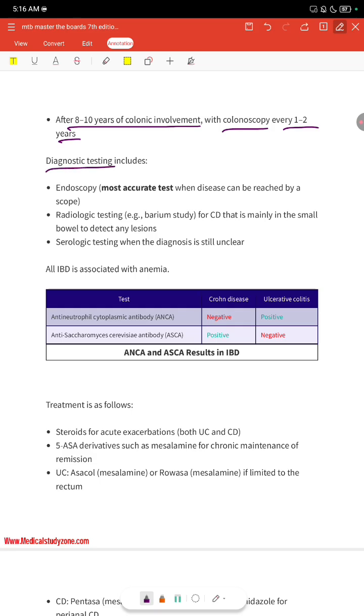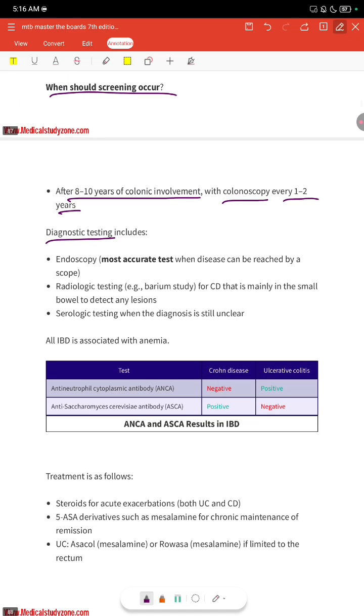Diagnostic testing includes endoscopy, which is the most accurate test. When disease can be reached by a scope, then endoscopy is the most accurate test and the better option for diagnostic testing.